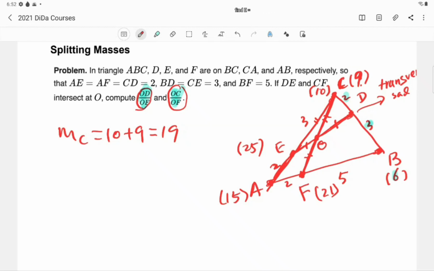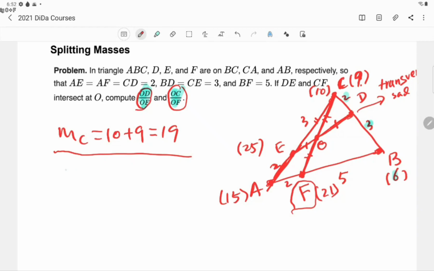But don't forget your end goal. You can chase around to find the masses for all the points, but our end goal is not to assign the masses; it's to calculate the ratios, right? So we already know the total mass at C and the total mass at F. What ratio can we calculate here?